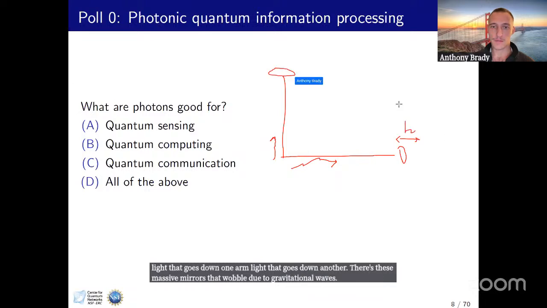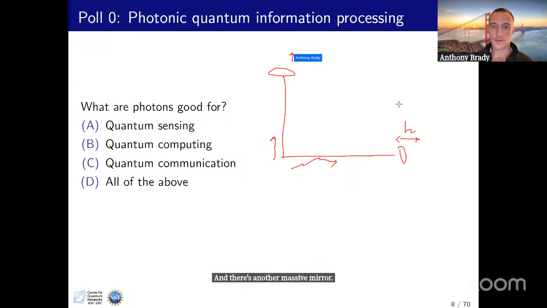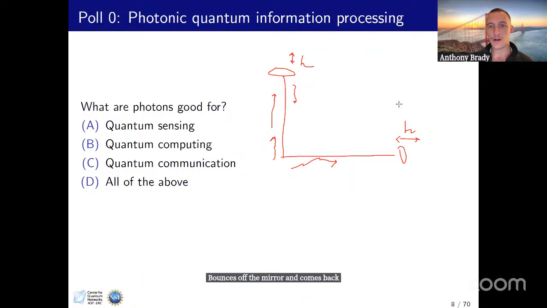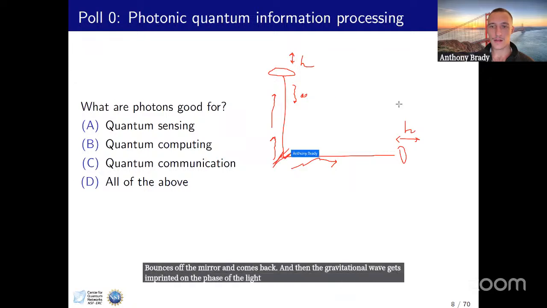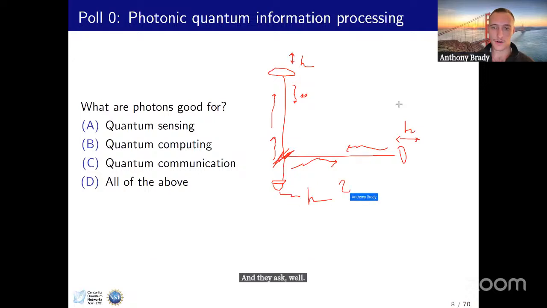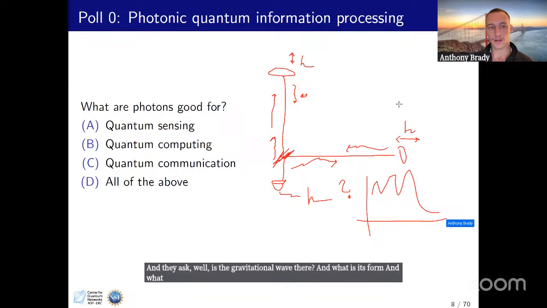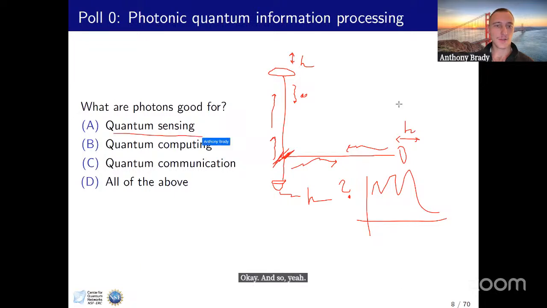The light travels down, bounces off the mirror and comes back, and the gravitational wave gets imprinted on the phase of the light. They interfere the incoming light on a beam splitter, which you can think of as just a piece of glass, and then they detect it, and they ask, is the gravitational wave there, and what is its form, and what does it look like in time?